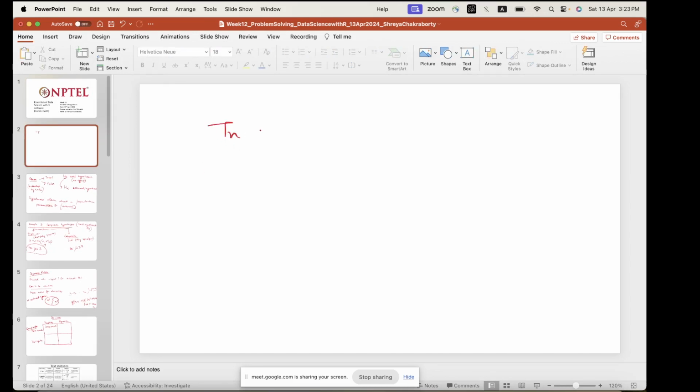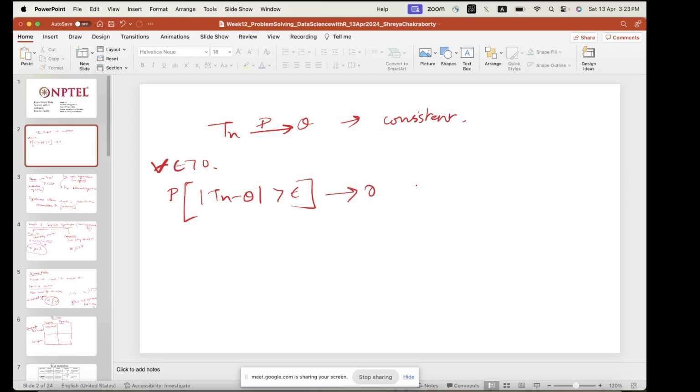Yes, so if an estimator is going in probability to theta, only then we say that this is a consistent estimator. Alright, so let's say here you have probability Tn minus theta greater than epsilon, for all epsilon greater than 0. This probability should go to 0 as n tends to infinity.